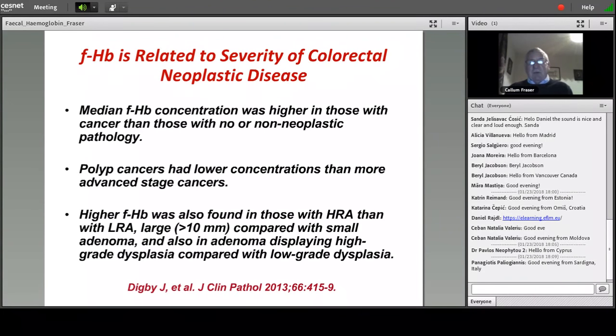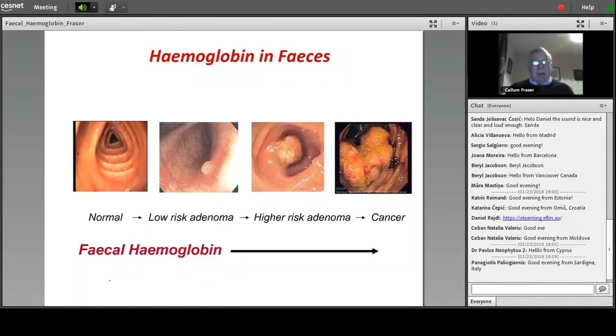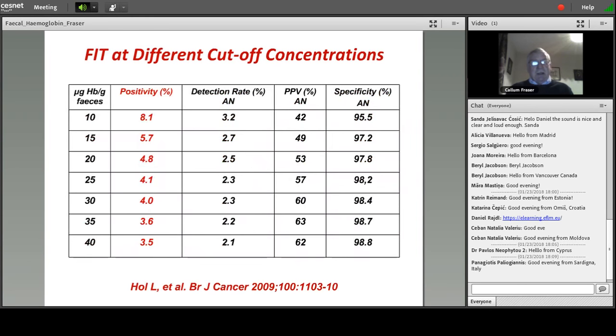And higher fecal hemoglobin is found in higher risk adenomas, as I mentioned, than lower risk, large compared with small adenoma, and also in adenoma displaying high-grade dysplasia as compared to those with low-grade dysplasia. So the fundamental principle is that fecal hemoglobin is related to the severity of colorectal disease, and as we go from normal through low-risk adenoma to higher-risk adenoma to cancer, the fecal hemoglobin concentration increases.